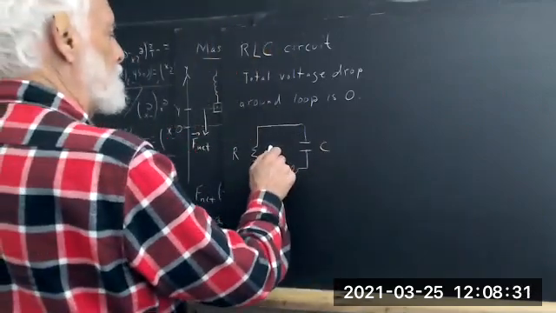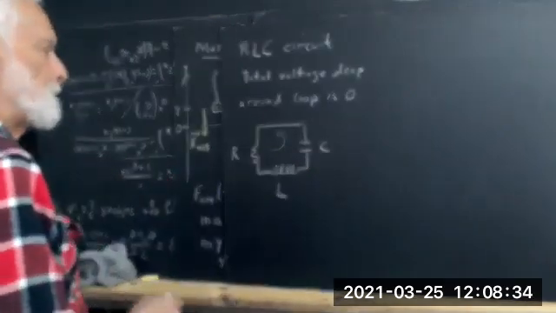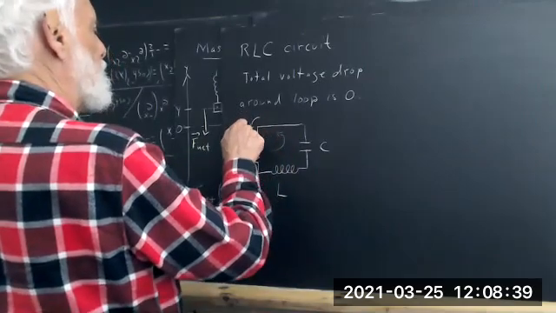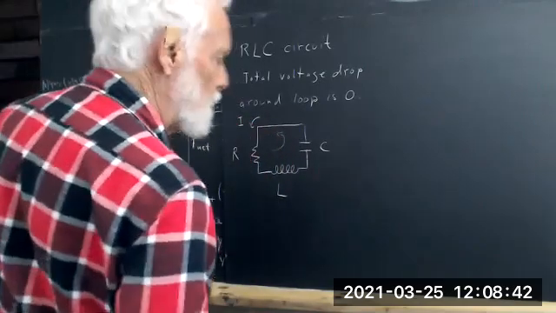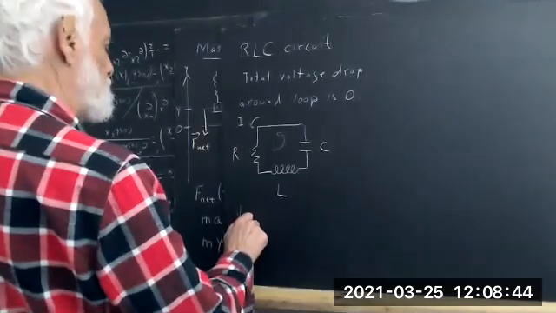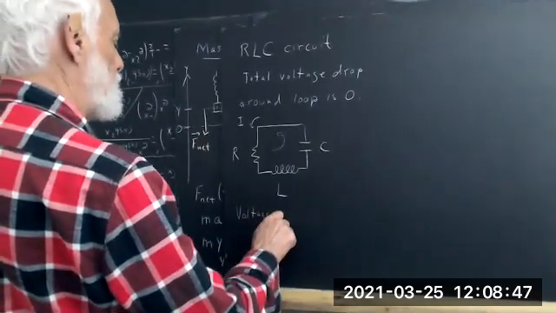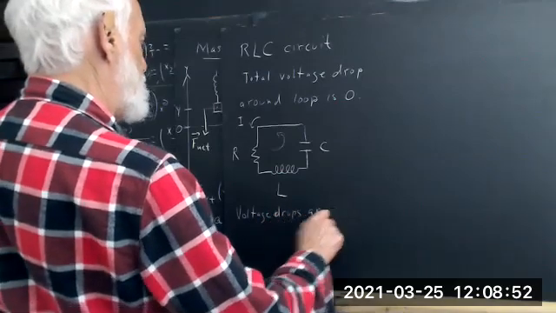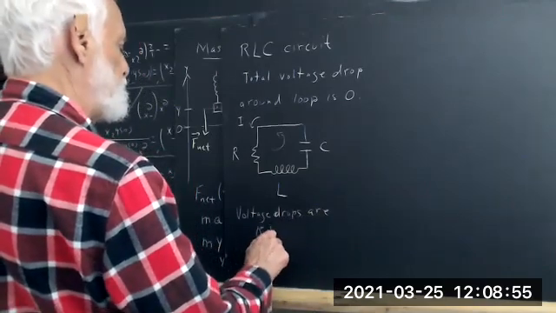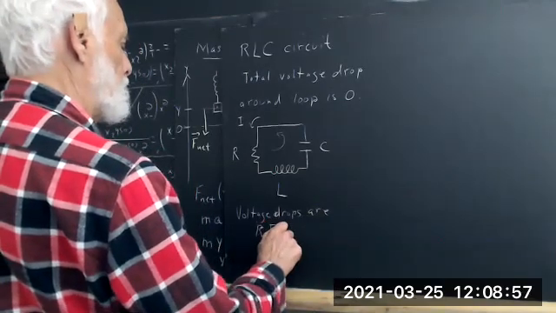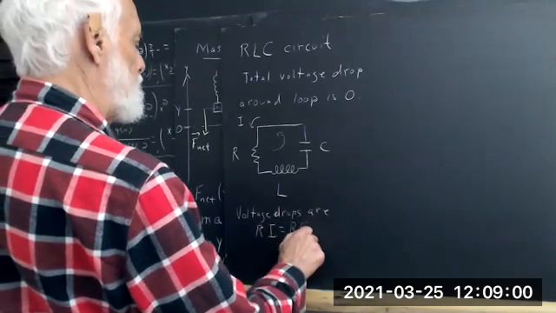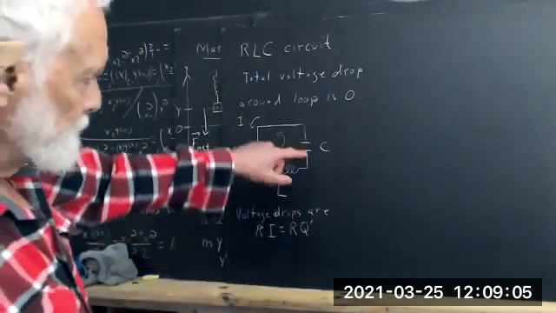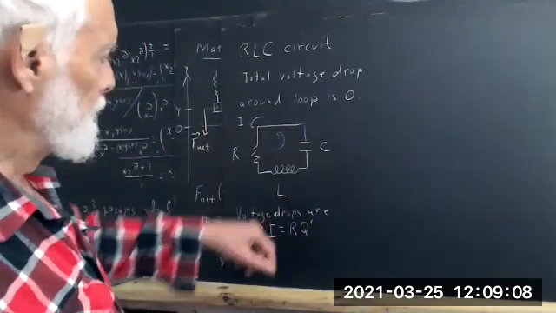Okay. Let's say we're going around the circuit this way, and we have some current I. Then the voltage drops R times I, which is R times Q prime, where Q is the charge on the capacitor.